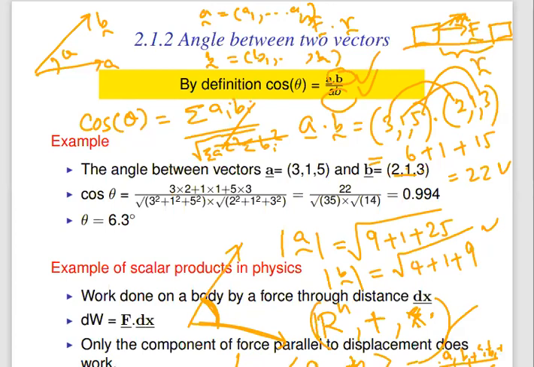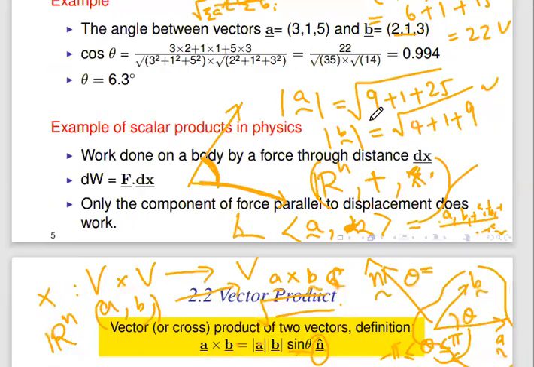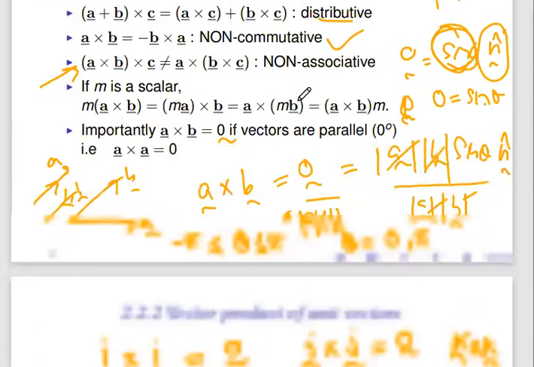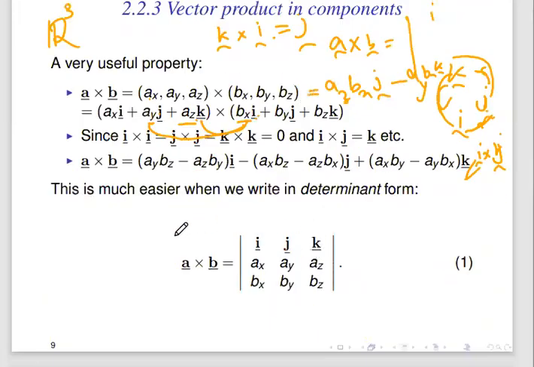This is how you find the angle between two vectors in n dimensions. These are general definitions that hold in any dimension, but for three dimensions you can use this definition.